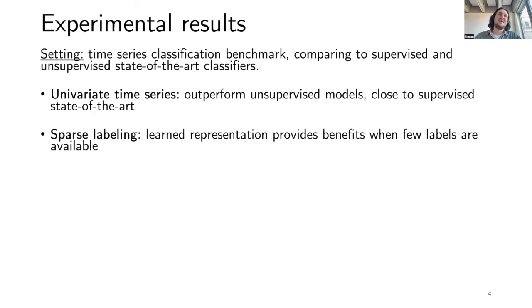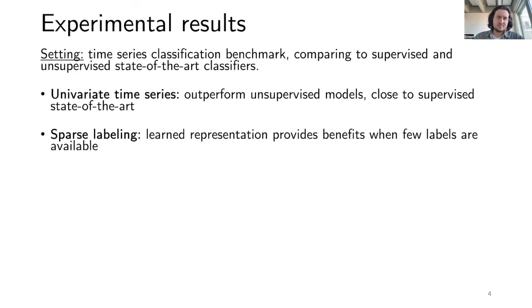Then they have another setting where they use so-called sparse labeling. The setup is that you have a huge data set and you only have labels for a small fraction of your samples. They say, well, we can use our model to learn these representations, and then given these representations, we can still use the few labels that we have. Somehow these labeled samples become more informative because of the representation that we've learned.